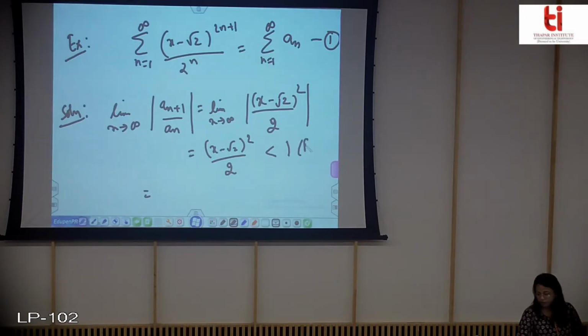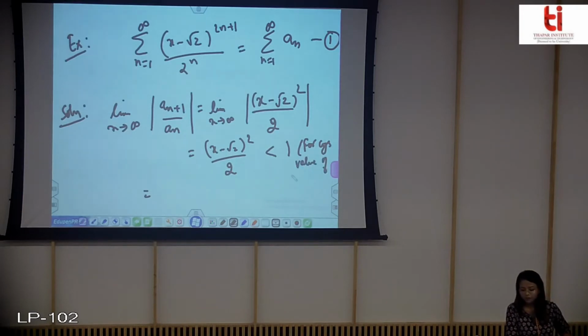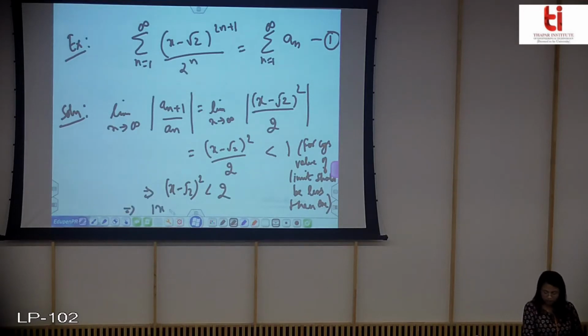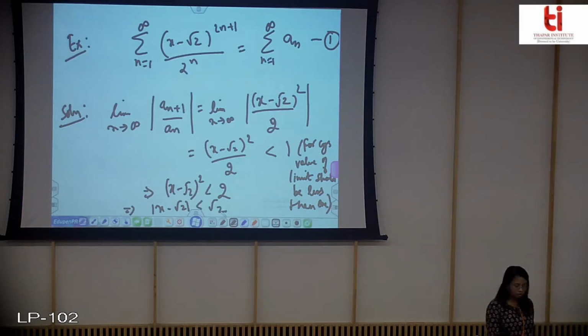So I will write, for convergence the value of the limit should be less than 1. Okay, so from this what we will get, this implies that I will get this. Now this implies that mod of x is less than under root 2.